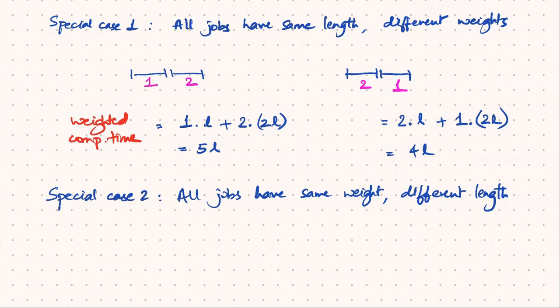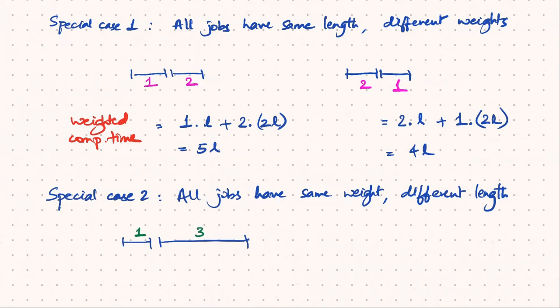So they are all of the same priority, everyone is equal in terms of priority, but they all have different durations. In this case, how do we schedule? Let's say we have two jobs with these durations: the first has duration 1 and the second has duration, let's say, 3.